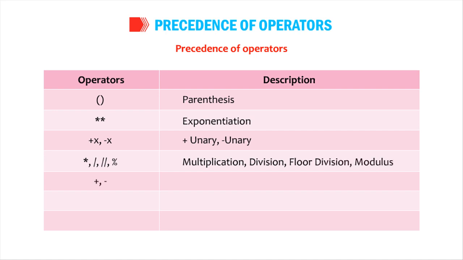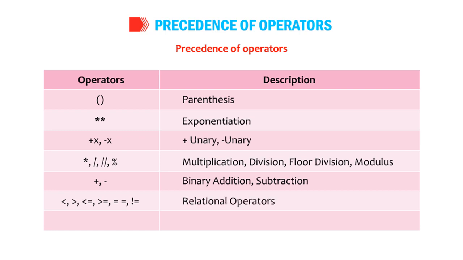Plus, minus: binary addition, subtraction. Smaller than, greater than, smaller than or equal to, greater than or equal to, not equal to: relational operators. Not, and, or: Boolean or logical operators.